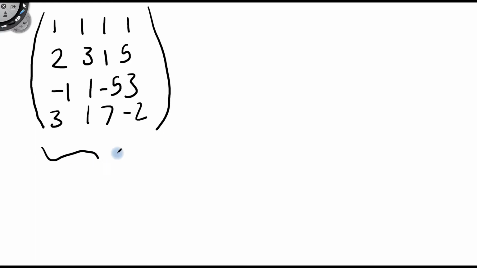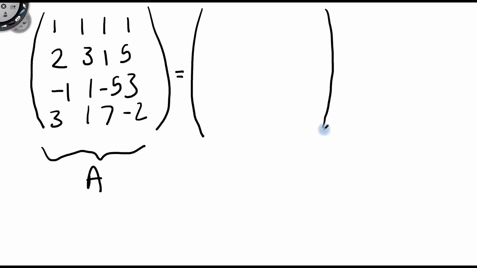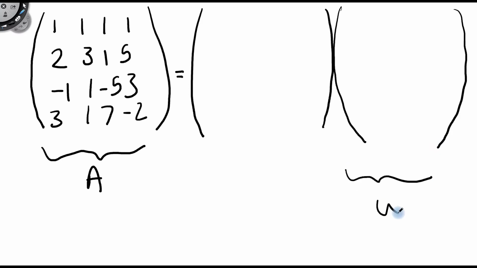So that was our matrix A. But we can now write it as a decomposition, as a multiplication of 2 matrices. So let's just put U in here because we've had that from the last stage. So this is what we ended up with at the end of Gaussian elimination.